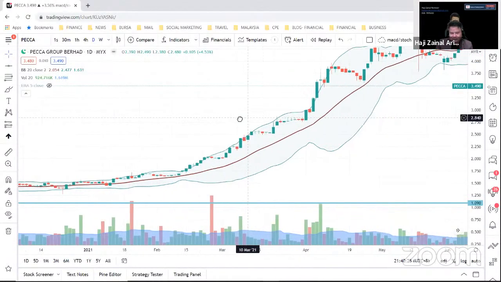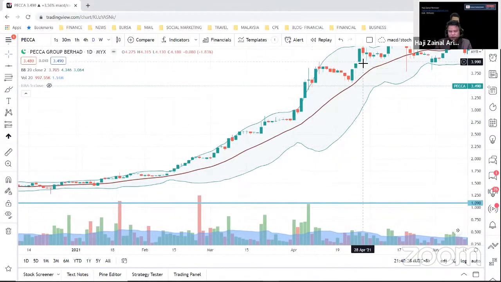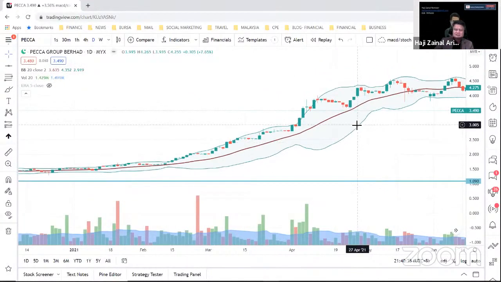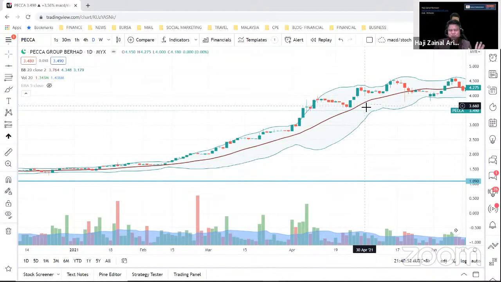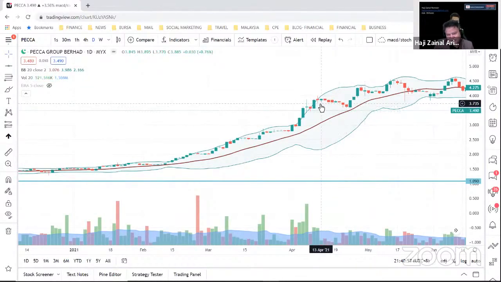And the sell signal is when the first tower is outside the band and the second tower is inside the band. So it shows that the volatility is now not as high as the first tower. It's slower now. You see, for example, here, it's going down, but it's still an uptrend because it's above the 20 days moving average. So it depends. If you are a short-term trader, you will perhaps exit the position.